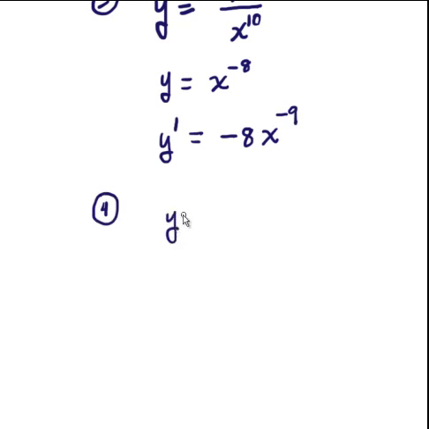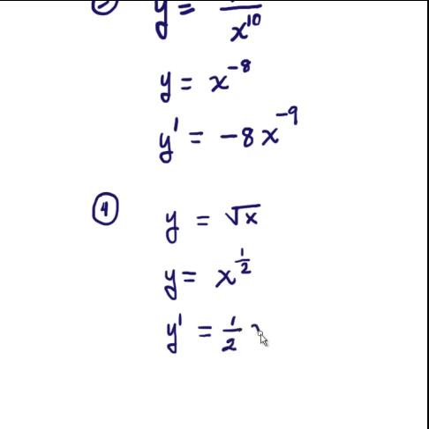So far we've been using integer exponents. We don't necessarily have to do that. Let's say we have y equals square root x. Rewrite this in terms of a power, that's x to the 1/2. Now take the derivative, the 1/2 comes in front.